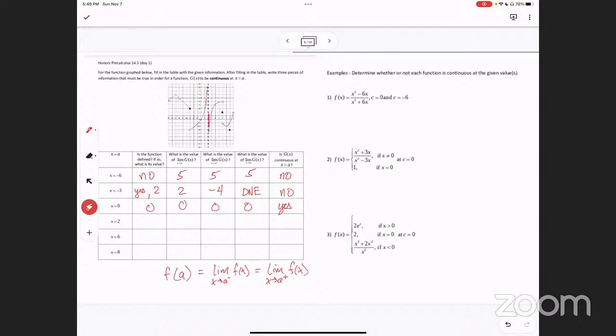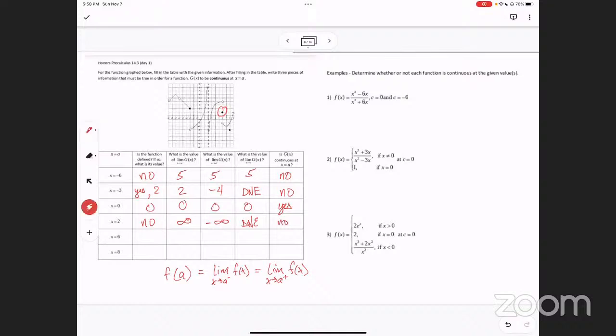Is that the vertical asymptote? Okay, so is the function defined? No. What's the value from the left? Positive infinity. From the right? Negative infinity. What is the limit? Does not exist.